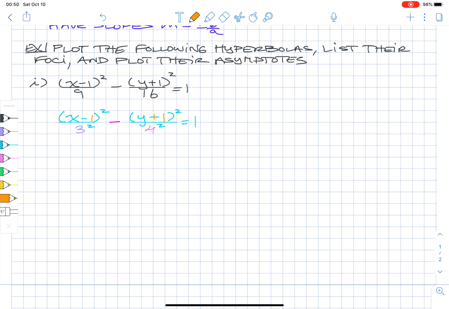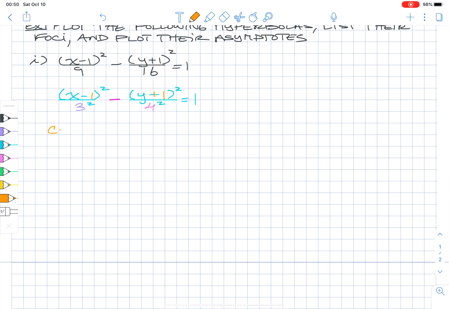So I claim that the center is going to be at positive 1 comma negative 1. I claim that a is 3, b is 4.